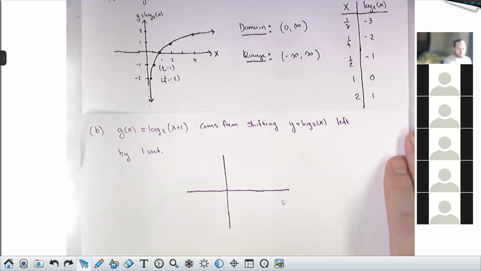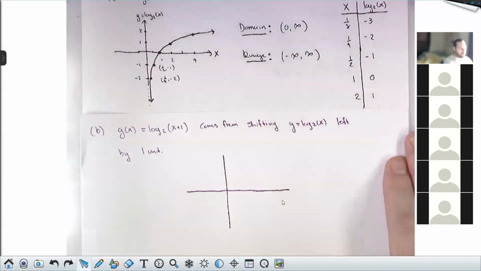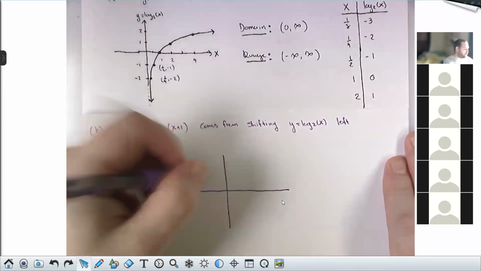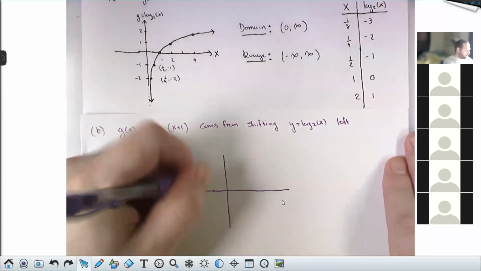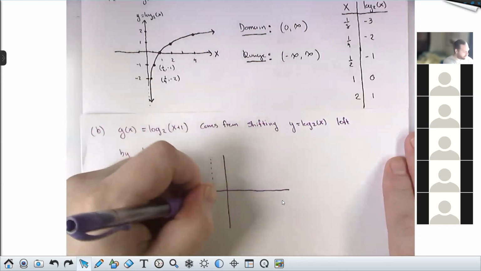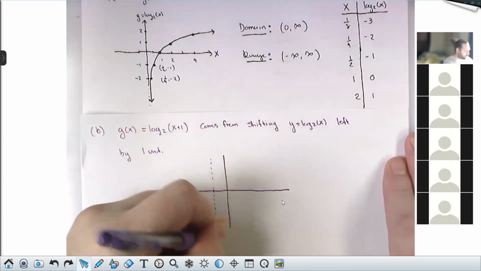The first thing I would notice here is that if I'm going to pick this black graph up and drag everything to the left by 1 unit, this asymptote is going to move. It was x equals 0. When I move that to the left by 1 unit, that new vertical asymptote is x equals -1.